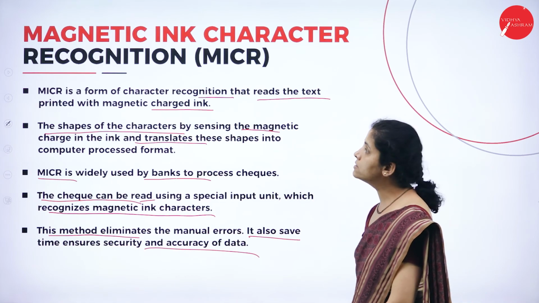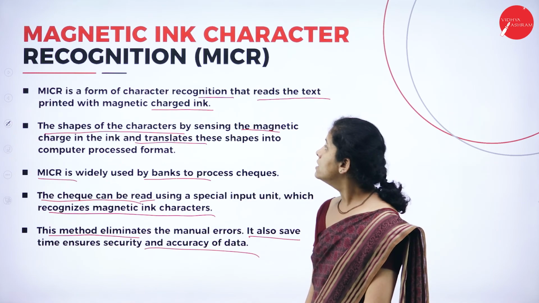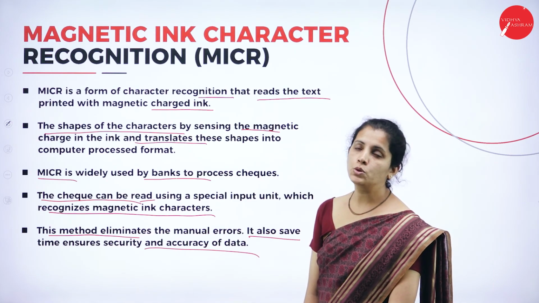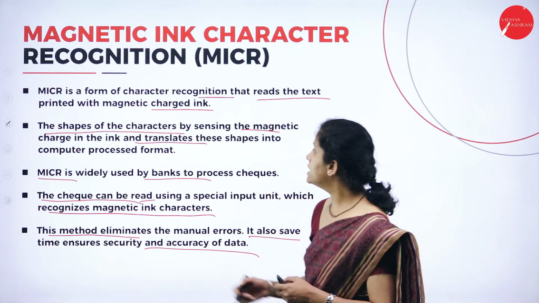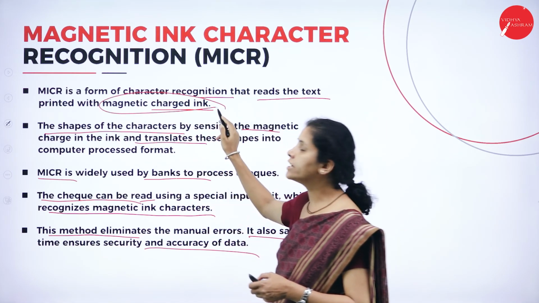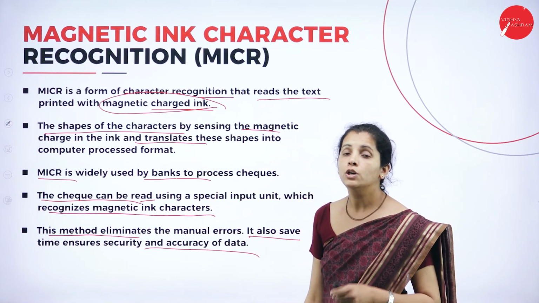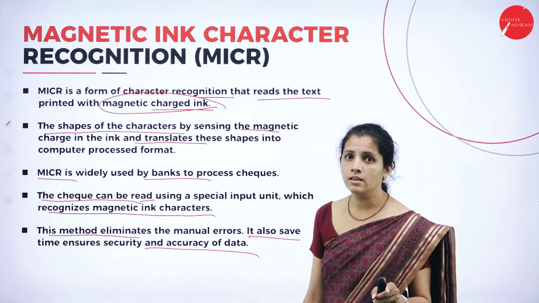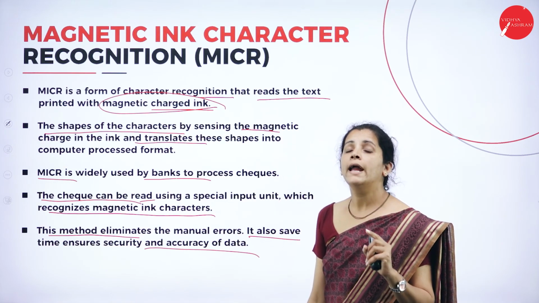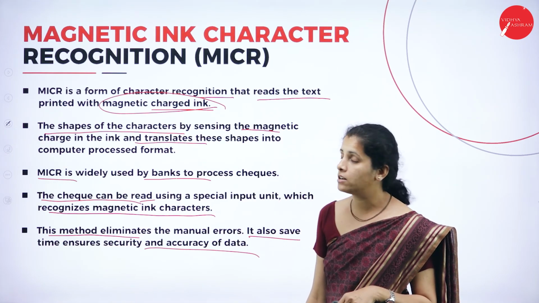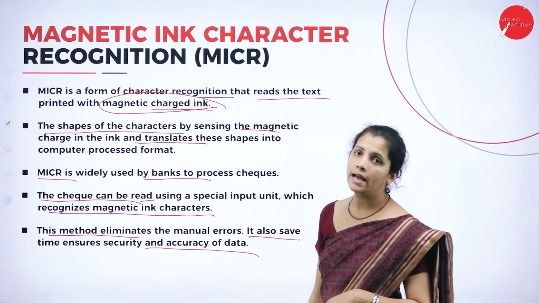So dear student, this is all about MICR. MICR is mainly used to read characters printed using magnetic charged ink, and especially it is used by banks to scan checks. That means whatever check number we have at the end of the check, to scan that number, I can use MICR.